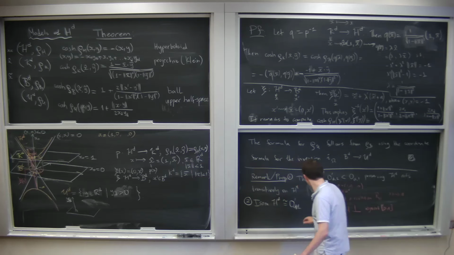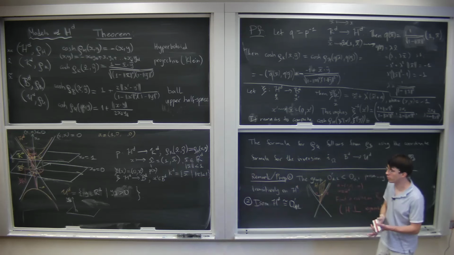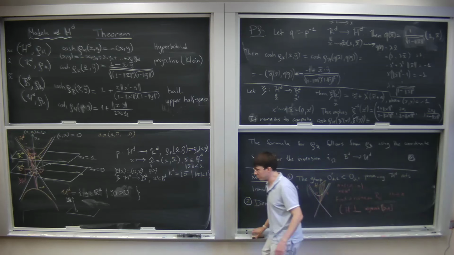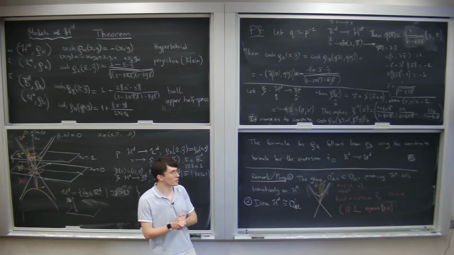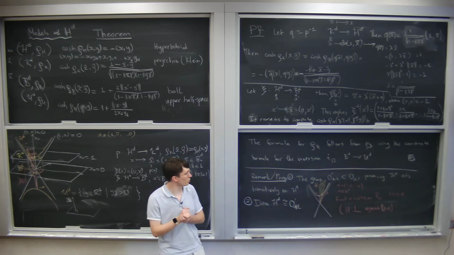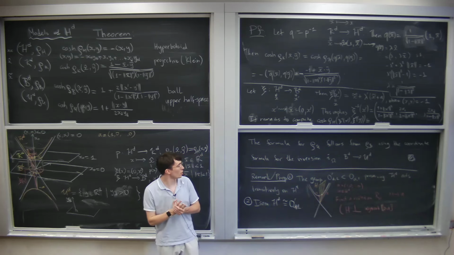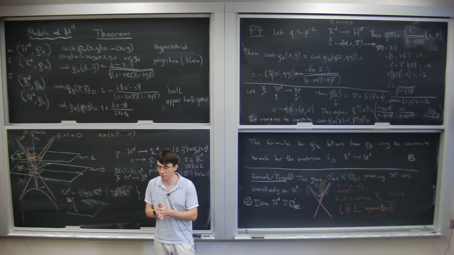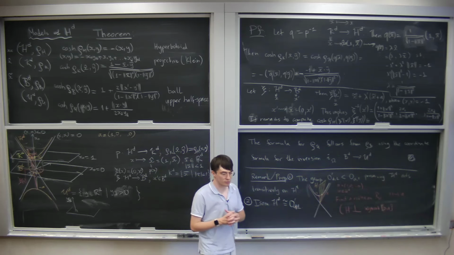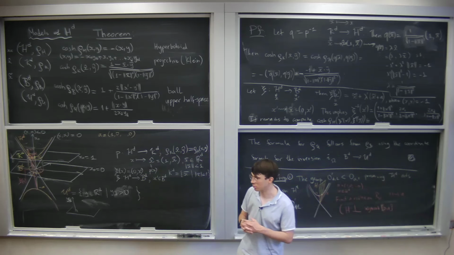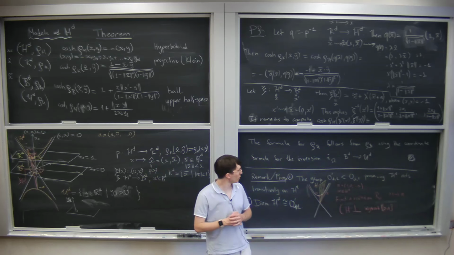This follows from this consideration. So probably next time we will continue discussing isometries in different models and probably the isometry groups. That's the plan for the second lecture of this week.